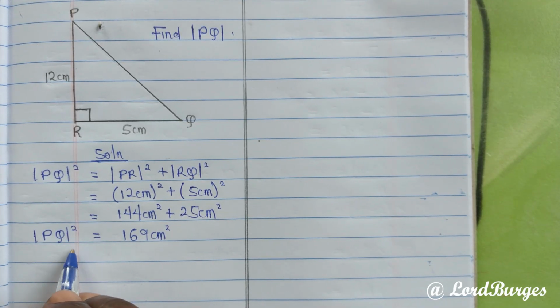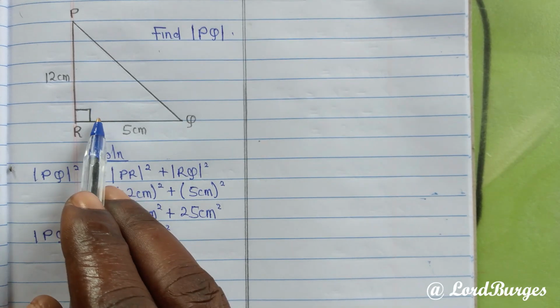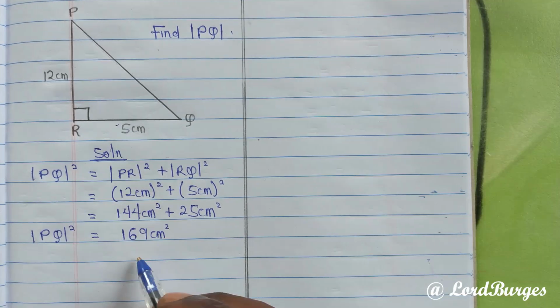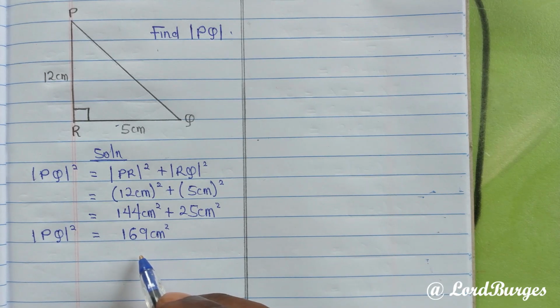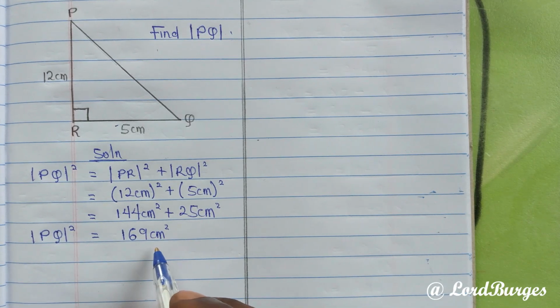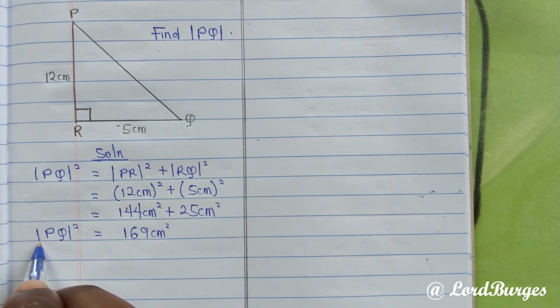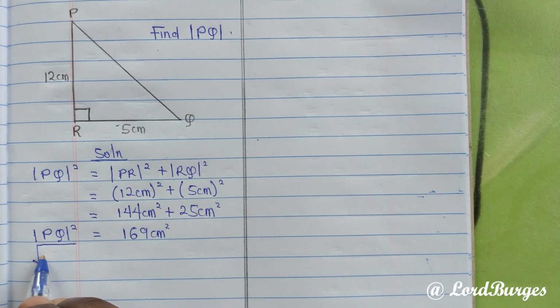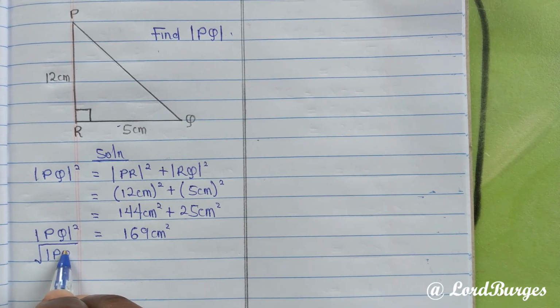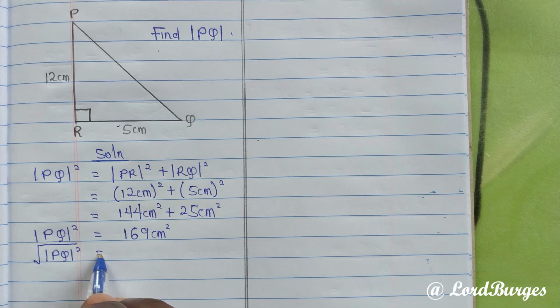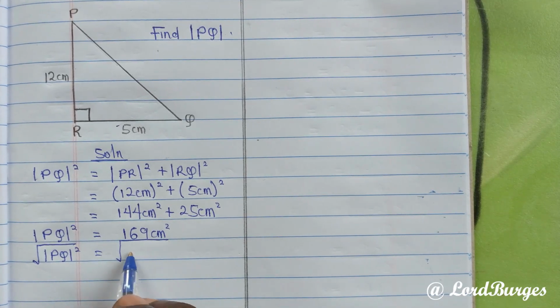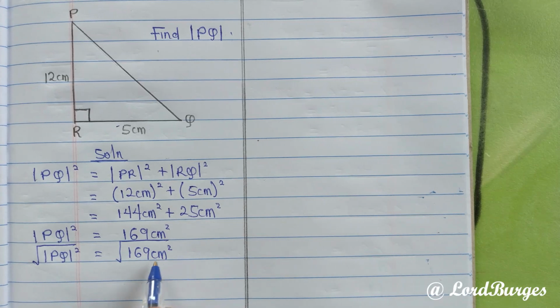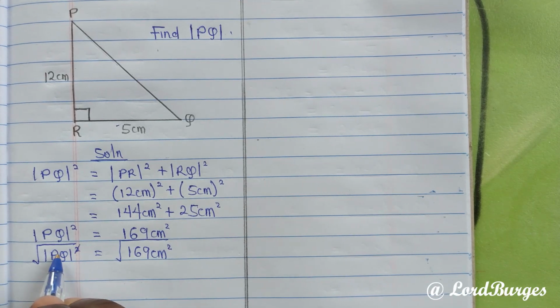But if we want to do away with the square, we are looking for PQ, not PQ squared. So we find the square root of both sides, PQ squared, the square root of 169 centimeters squared, such that square cancels the root.